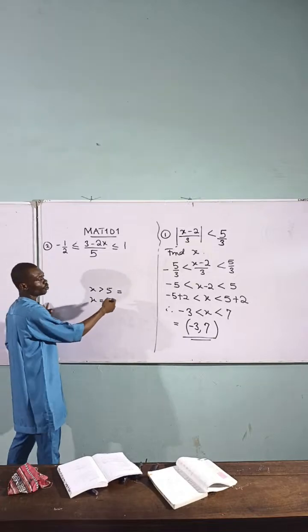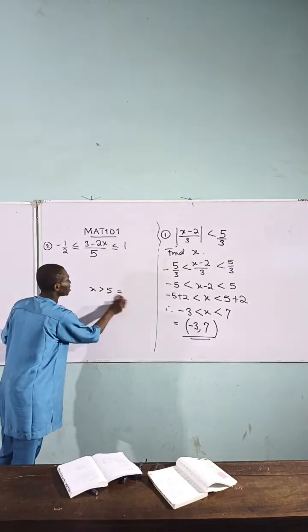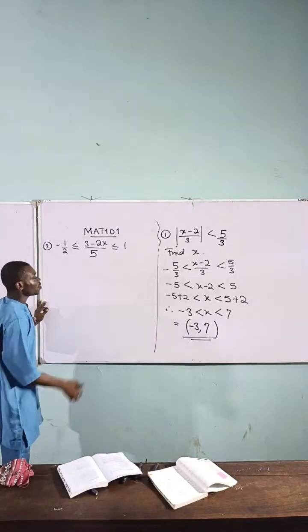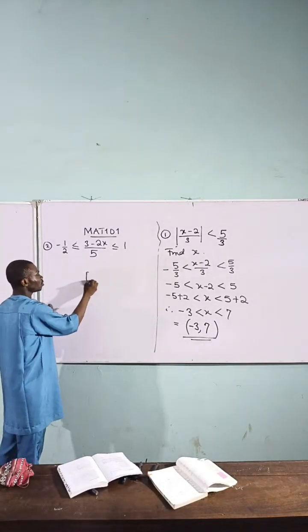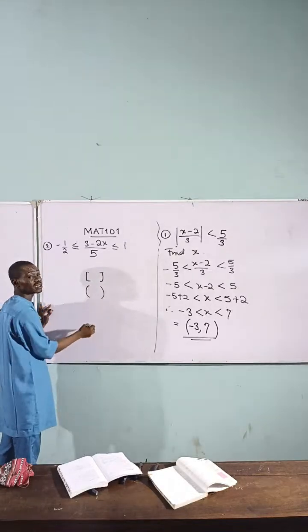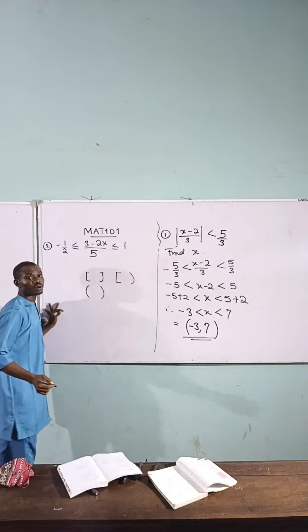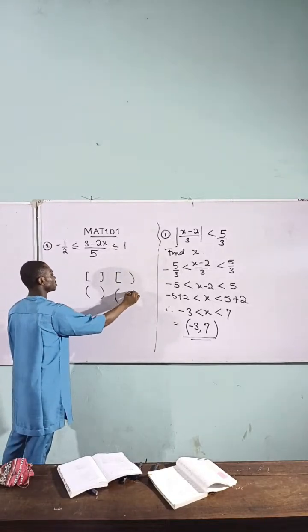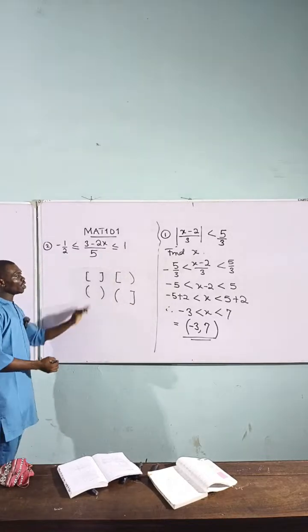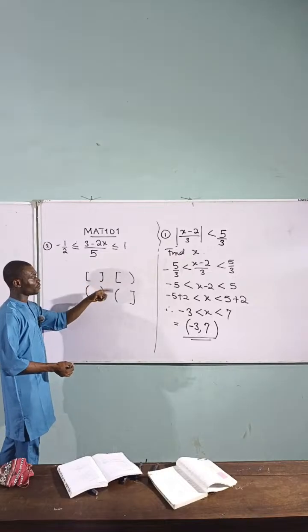And so that's why we usually use the brackets. Remember I said we have 4 kinds of brackets: the closed bracket, the open bracket, or the half closed or half open bracket. Any of these 4. And remember I mentioned the situations that will bring all of them.